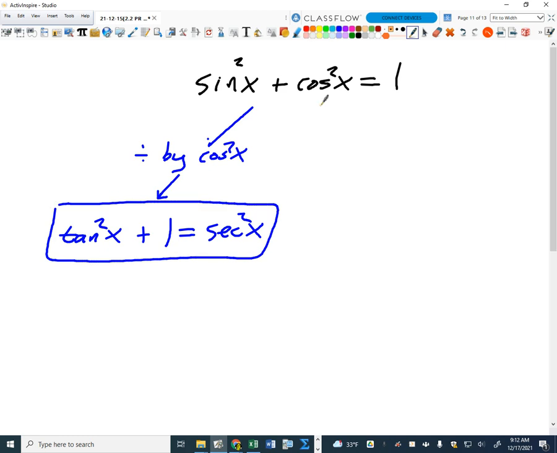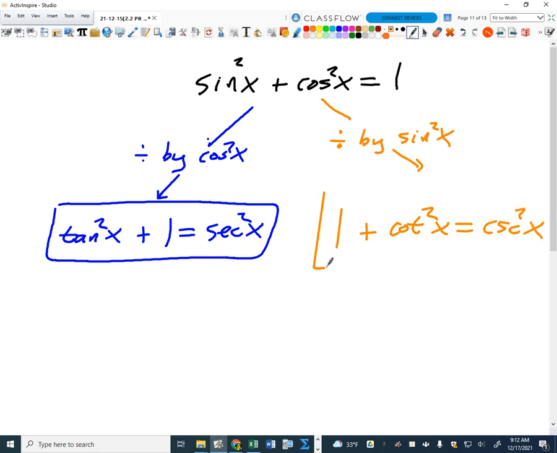If I divide each side through by sine squared x, what would I get? Well, I'd get 1 plus cotangent squared equals cosecant squared. Okay? Good. So this is the one that we would maybe use, right?